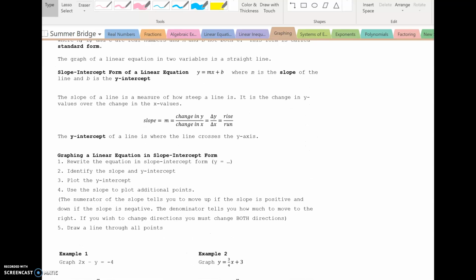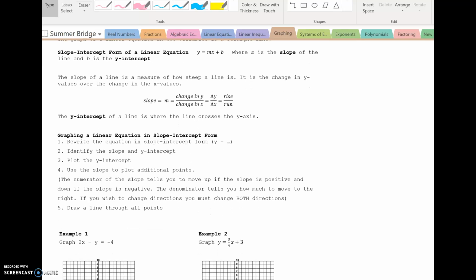Now, I have a formal step-by-step of graphing a linear equation in slope-intercept form. The first is to make sure you rewrite it in slope-intercept form. The second is to identify the slope and the y-intercept. Then we're going to plot the y-intercept. And then we're going to use the slope to plot the additional points.